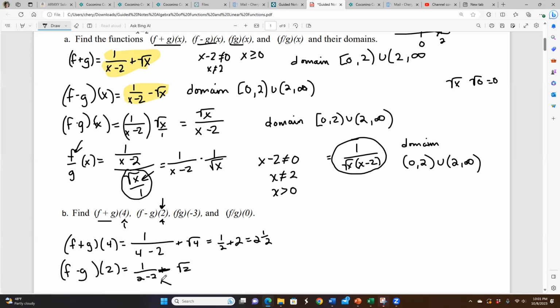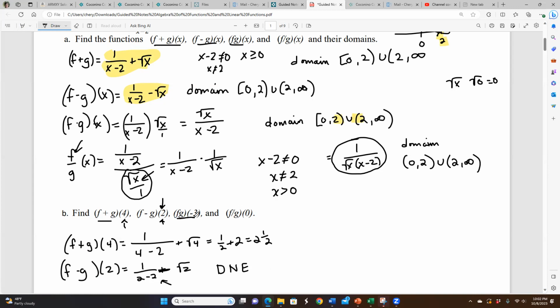Well, you can see the problem here. We're getting a 0 in the denominator. But we also know that it shouldn't work because part of our domain said that our function never equals 2. We look up here, we crossed it out. So this answer is does not exist.